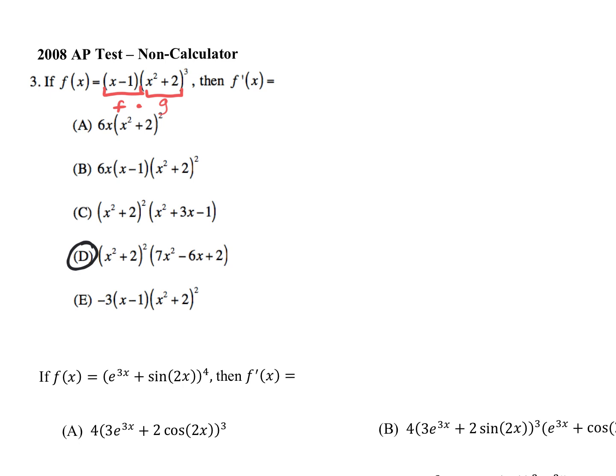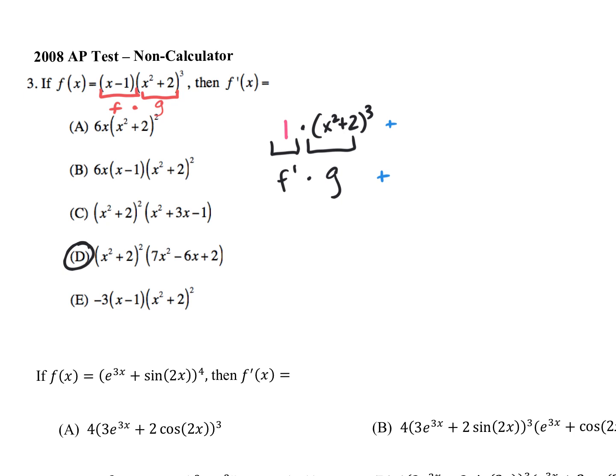Derivative of the first one? 1. You're like, cool, I just did f prime. We need to multiply that by g. What's my g? We're halfway done with the product rule. We've already got our f g. Plus, this is where it takes a little longer. We have to do g prime.